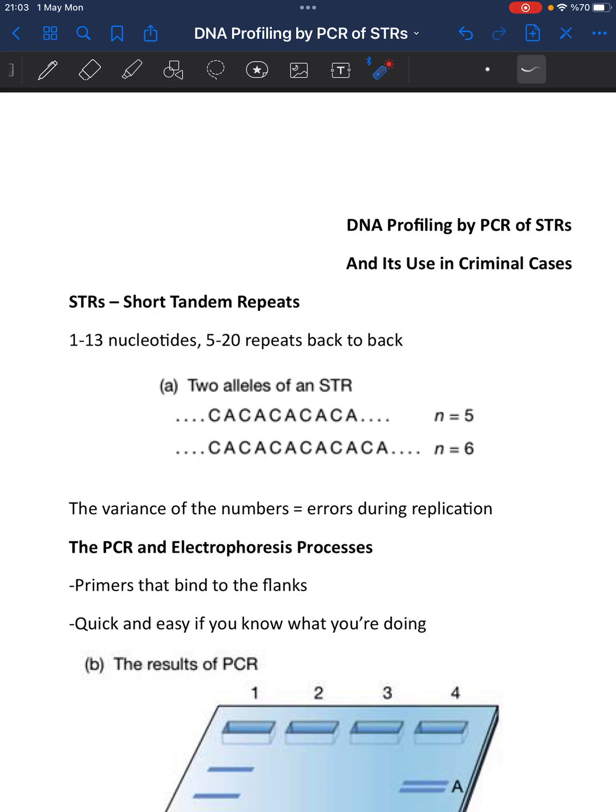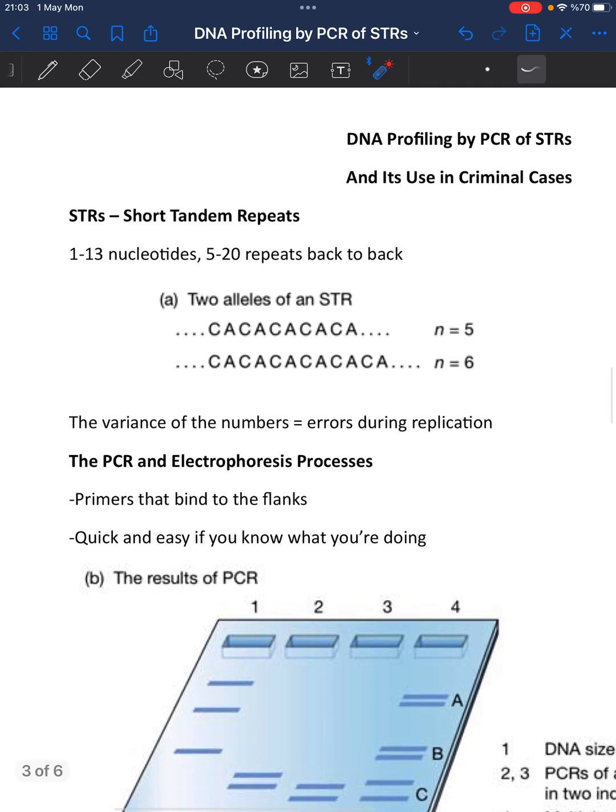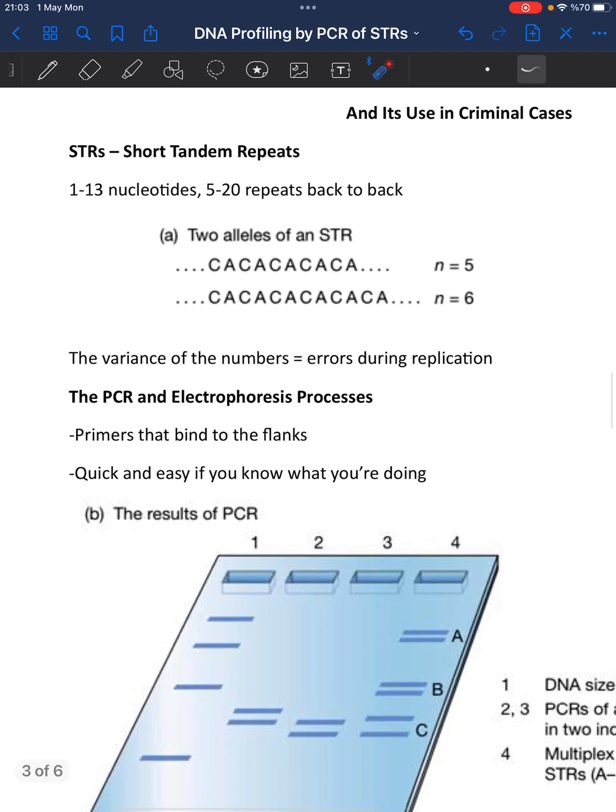These STRs are very useful in criminal cases because, as I said before, each person has a different set of numbers of STRs. And to define the numbers, we do PCR first from the DNA, and then we run it on electrophoresis.